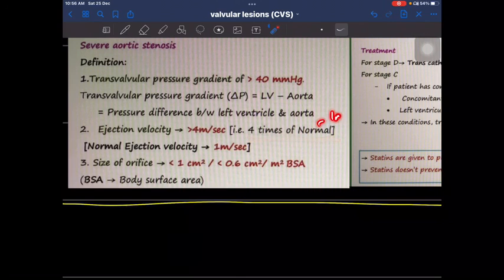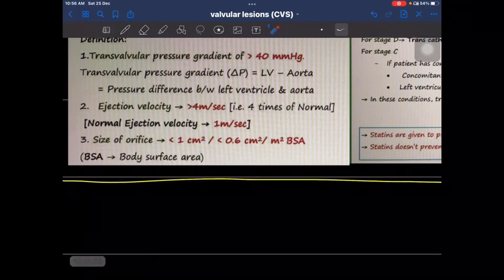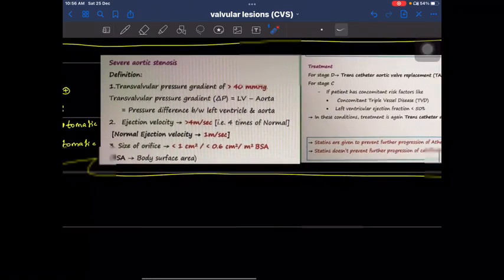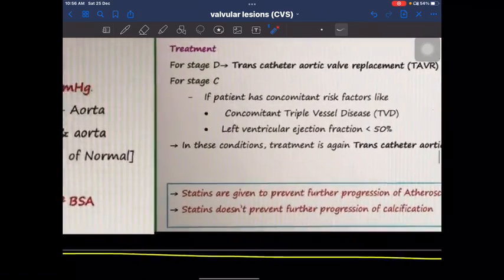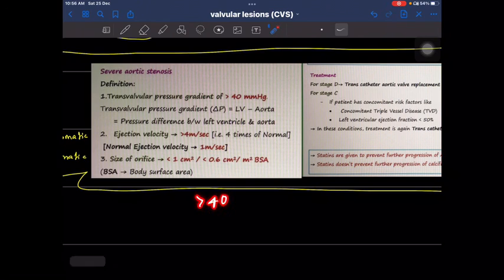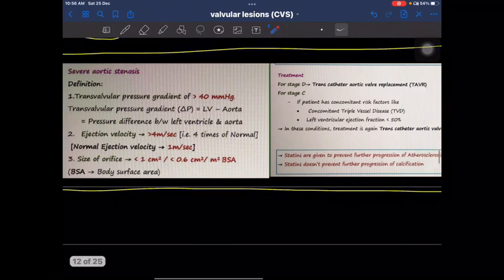So normal is 1 meter per second. All right. Size of the orifice is less than 1 centimeter square. Then this is called severe. Okay. So more than 40, more than 4, less than 1. Please remember this. Very important.